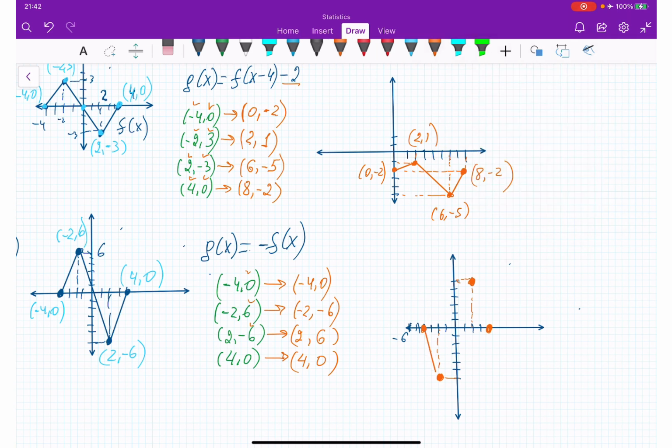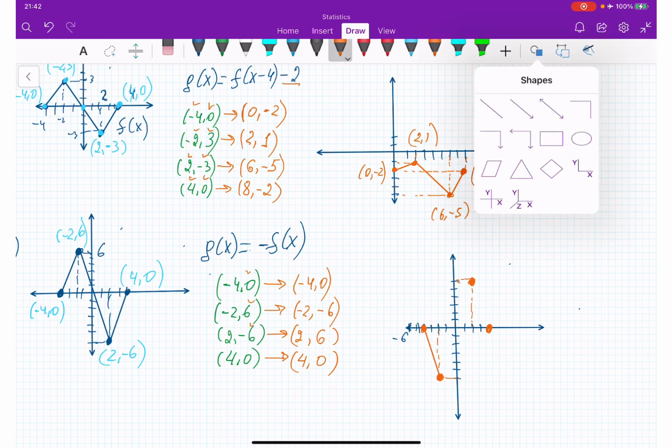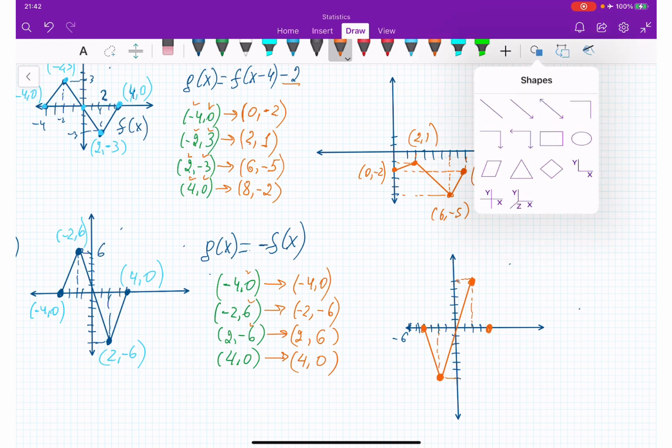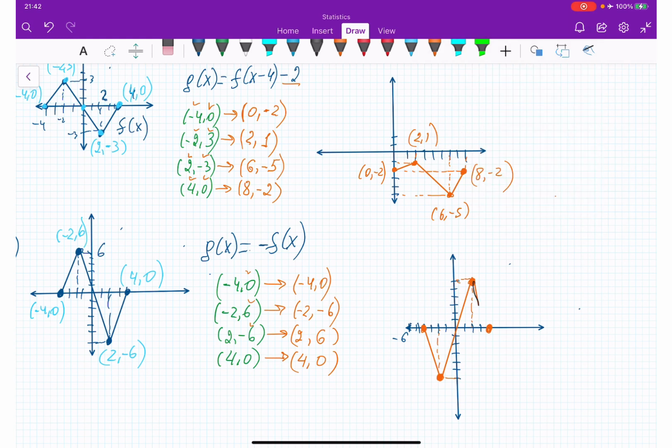So the graph is coming like this. Here. The graph is coming like this. And like this. Okay. See, the graph has flipped.